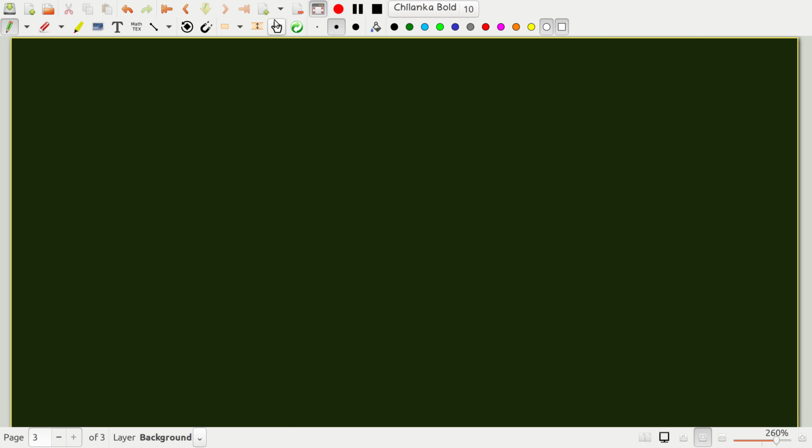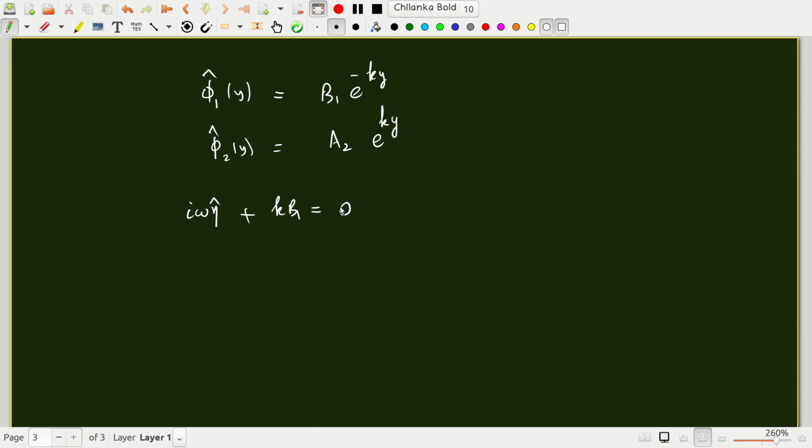And the next step is, so we write φ1 of y is nothing but B1 e to the minus ky, φ2 of y is A2 e to the plus ky. These are the two solutions. Now the interface boundary conditions are I omega η cap plus k B1 is 0, I omega η cap minus k A2 is 0.